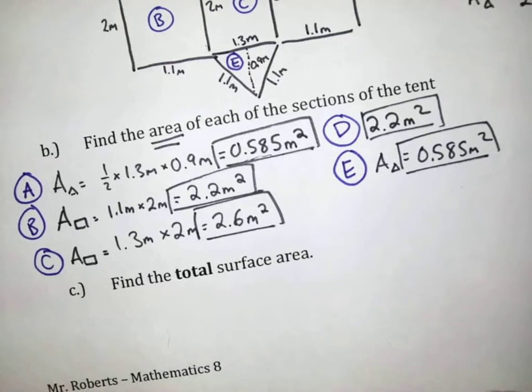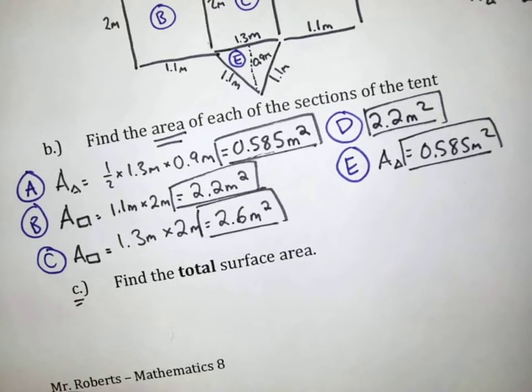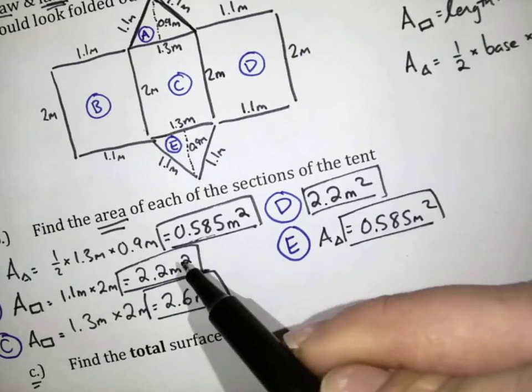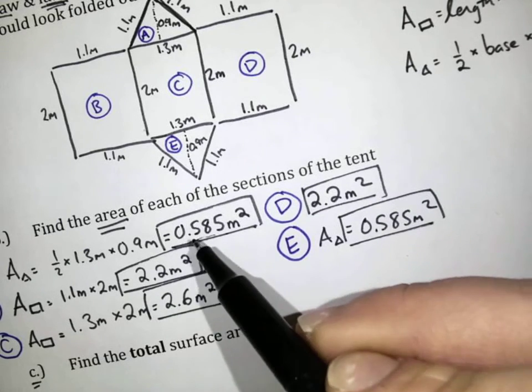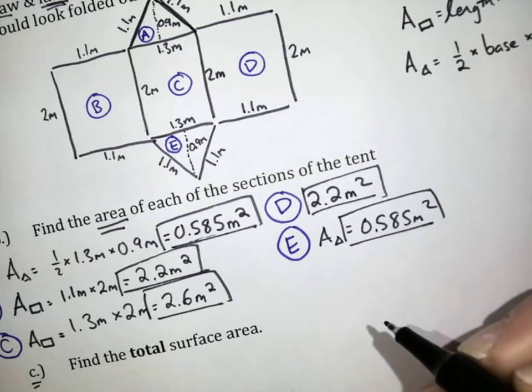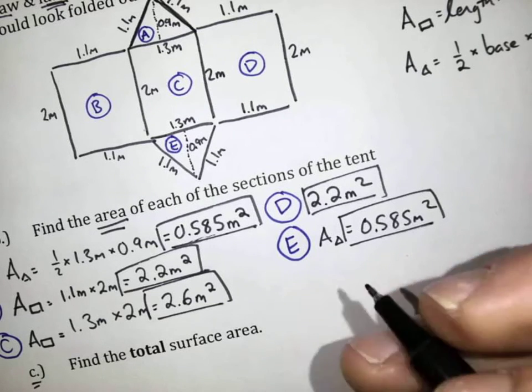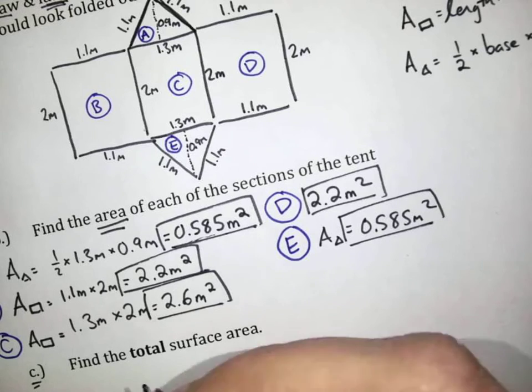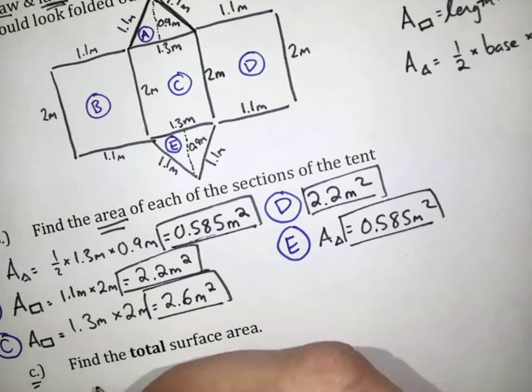And the last part of this question, question C, well, Charlie's going to need to know the total surface area of this entire tent. Okay, so we're going to add all of these surfaces together to find out how much fabric Charlie's going to need to order to make this tent. So we're going to add the total surface area.